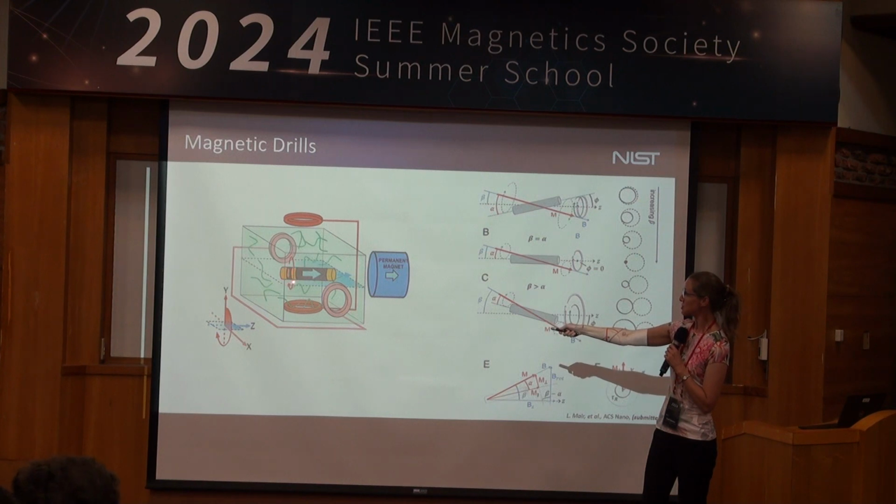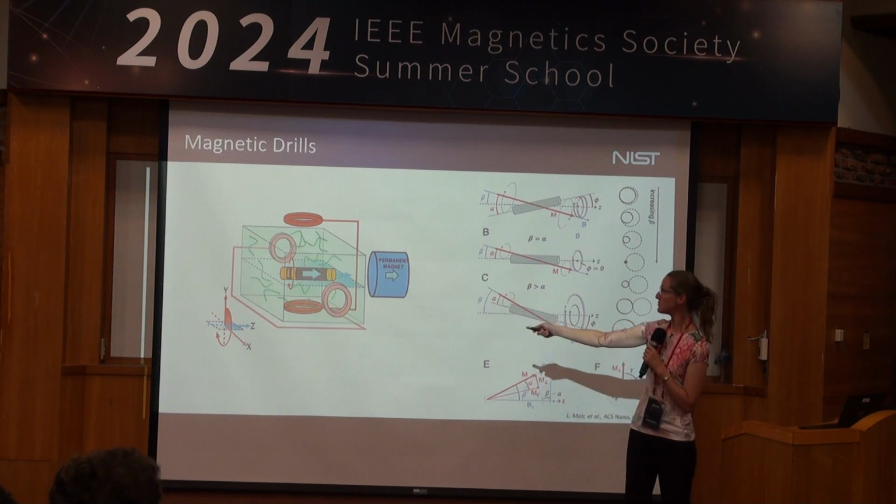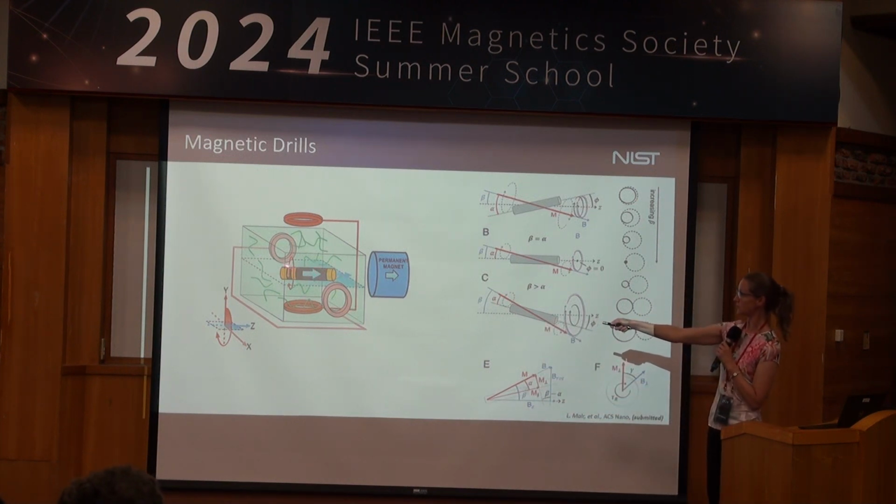If it's very short, basically more of a thin plate rather than a cylinder, then the magnetization is going to want to point out of plane. And the end result of that is when you combine these two and do the vector sum, you get a magnetic moment that is slightly off of that center axis.